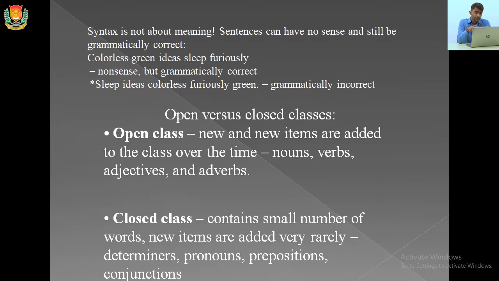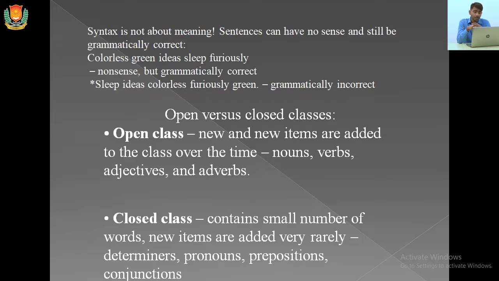Like, colorless green ideas sleep furiously. If I say this, sense is not there. There is no sense. This sentence is nonsense but grammatically correct. Why is it grammatically correct? Can you guess?